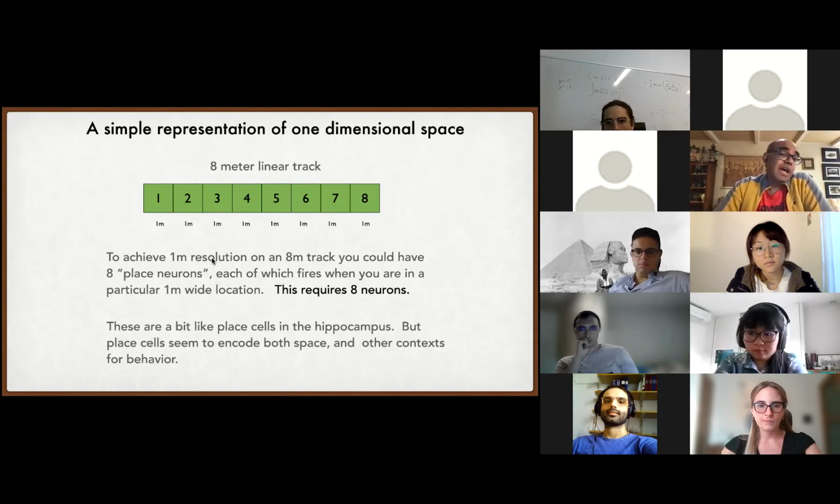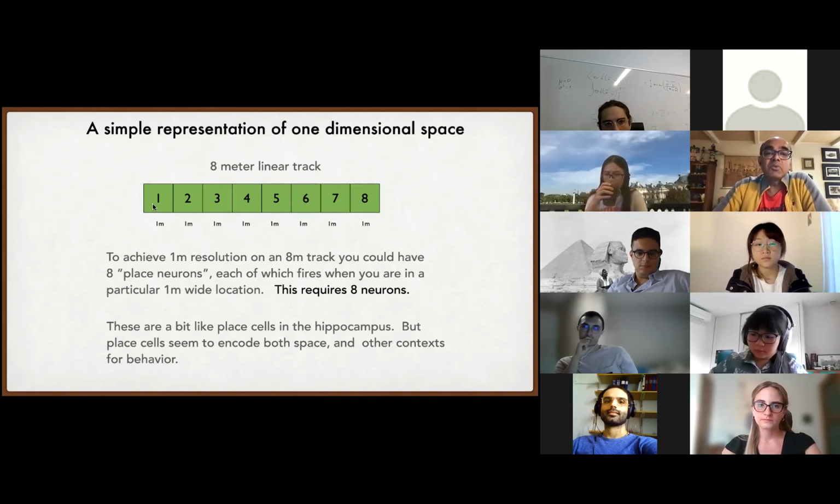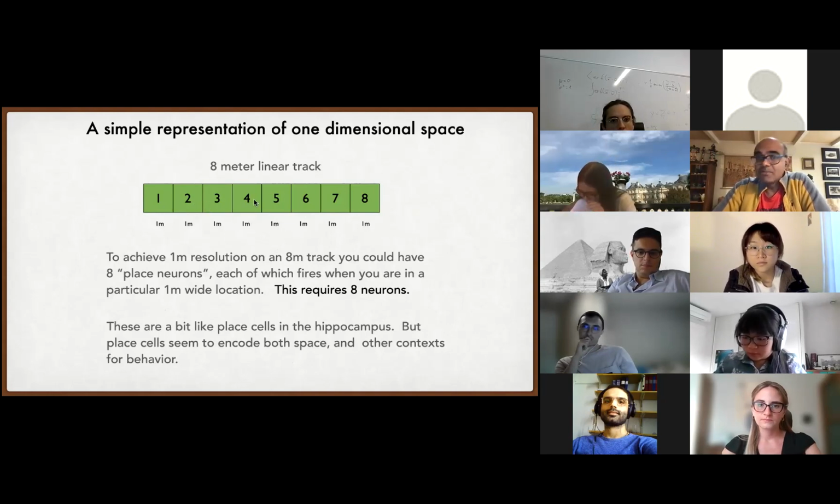One way of doing that is to have something that resembles a place cell system, which is to say I divide the world into 8 1-meter blocks. Let's say neuron 3 is responsible for responding when the animal is in this location. So if my pointer is the mouse, you would hear brrrr, like that. So this neuron 3 responds when the animal is in this region 3. So this is a system that requires 8 neurons to represent this world.